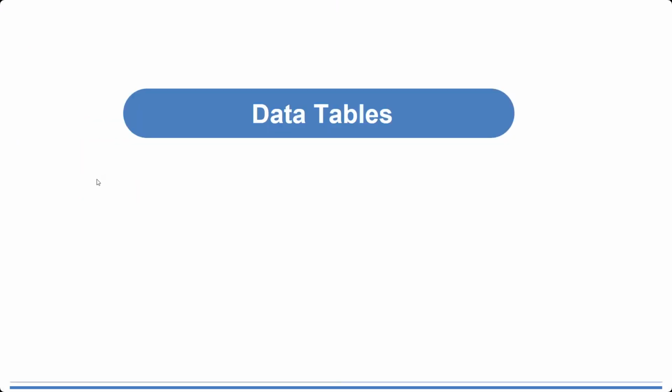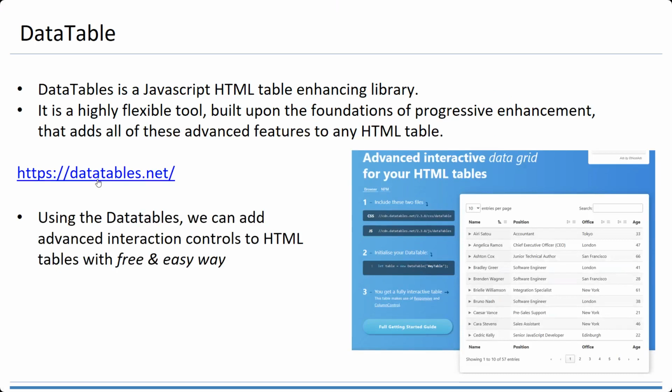First, data tables. So what are data tables? If you are dealing with data analytics, I guess it is good if you have experience with data tables. DataTables is based on JavaScript, and it is a kind of HTML table.